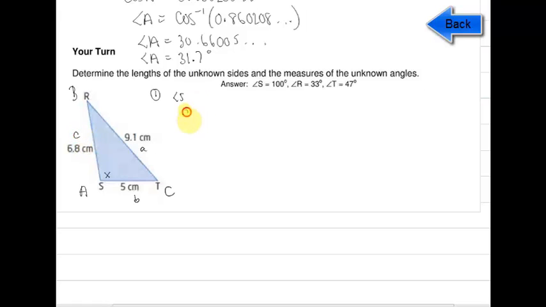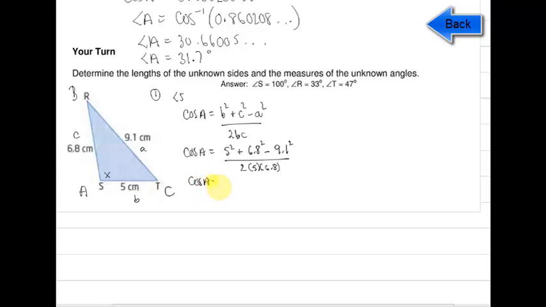Okay, so I want the cos of A, which is B squared plus C squared minus A squared over 2BC. So cos of A is equal to 5 squared plus 6.8 squared minus 9.1 squared all over 2 times 5 times 6.8.